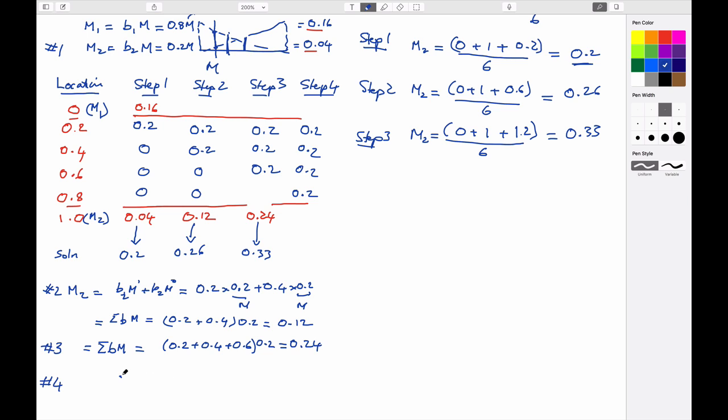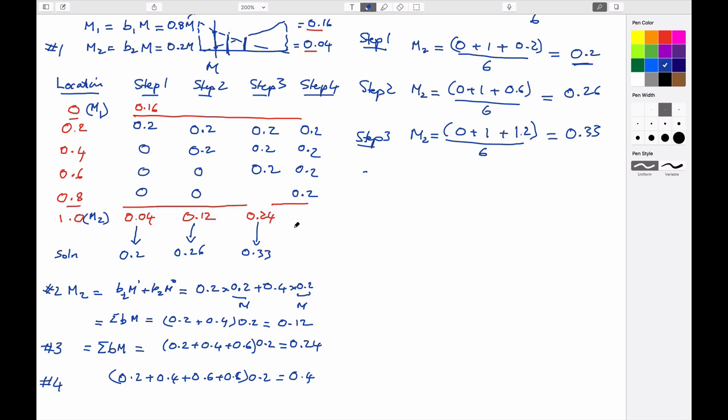The recurrence relationship is 0.2 plus 0.4 plus 0.6 plus 0.8, all multiplied by the same mass. And 8 and 2 go together, 4 and 6 go together, so it's just 2, which is 0.4.